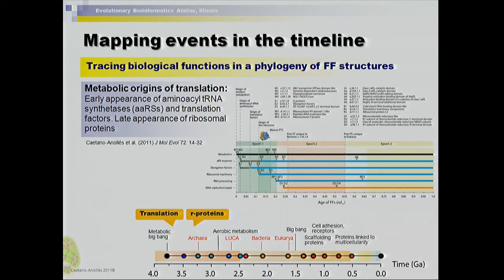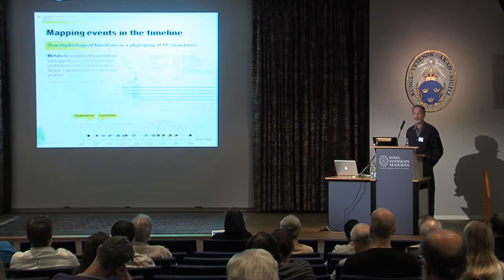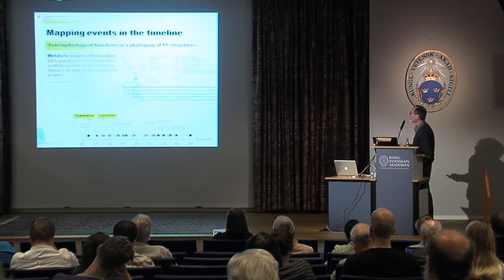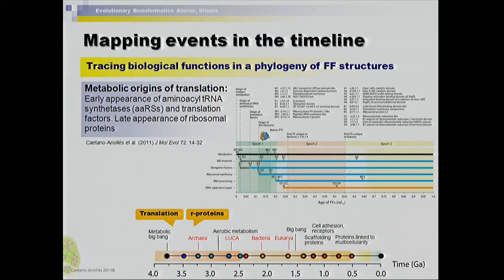Now we've explored what the primal or fundamental events in this timeline are, and mapped events linked to the ribosome, linked to DNA replication, linked to the appearance of elongation factors, the appearance of aminoacyl tRNA synthetases, and we find that in all cases, the domains that appear first in the timeline are all related to catalytic functions within these roles.